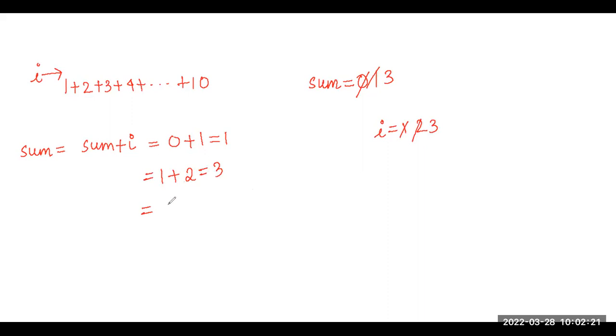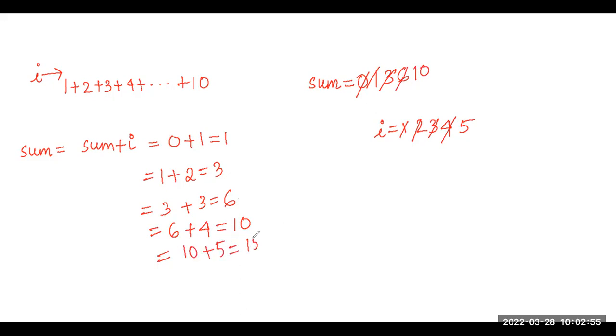Sum plus i, new sum is 3 and new i is 3, that is 6. i++, 4. Updated sum is 6 plus new value 4, 10. i++, 5. Updated sum is 10 plus new 5, 15. i++, 6.